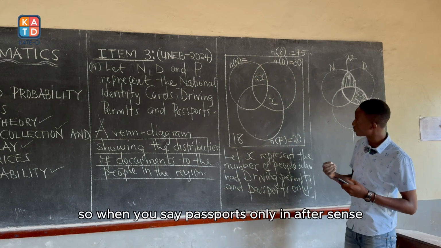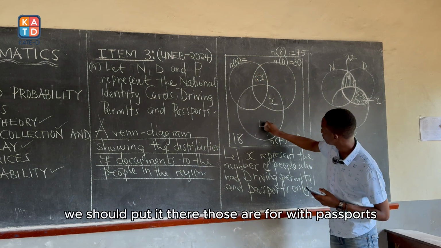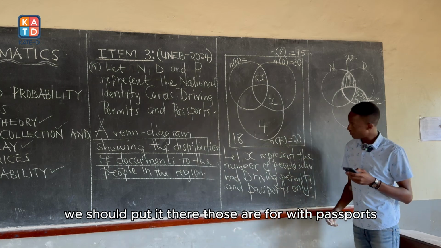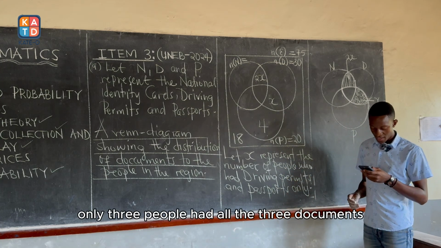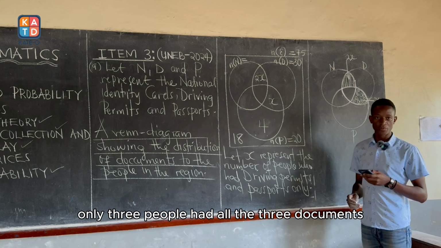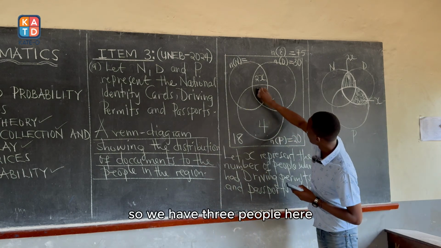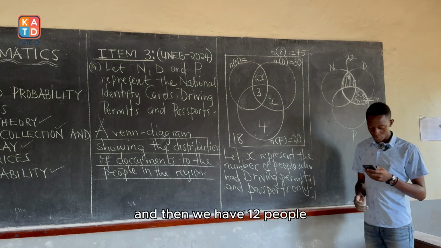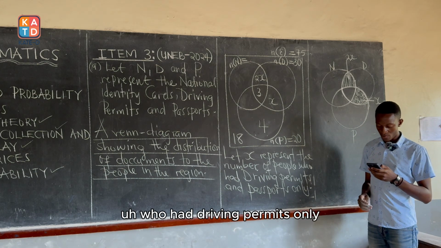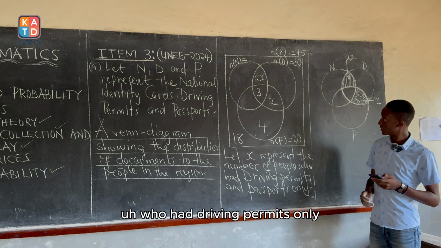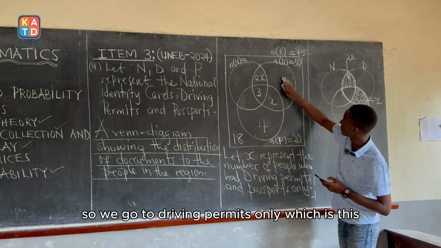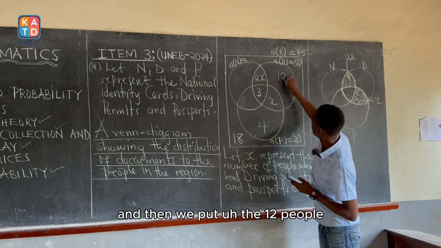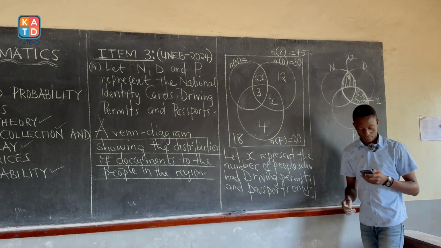So when you say passports only, in actual sense, we should put it there. Those are 4 with passports only. 3 people had all the 3 documents. So we have 3 people here across all the 3 documents. And then we have 12 people who had driving permits only. So we go to driving permits only, which is this, and then we put the 12 people.